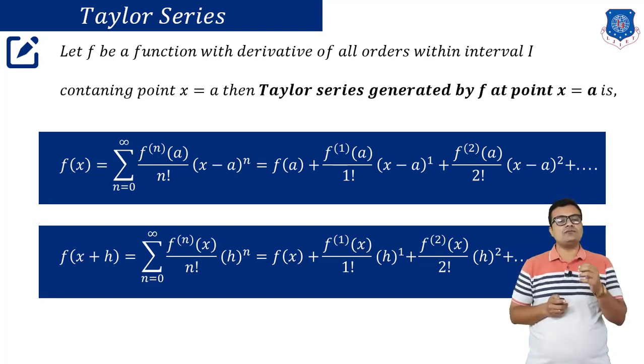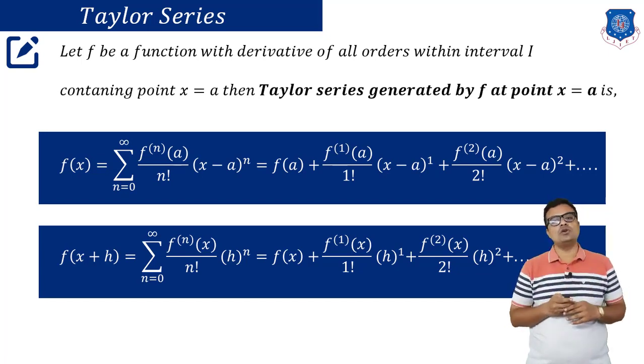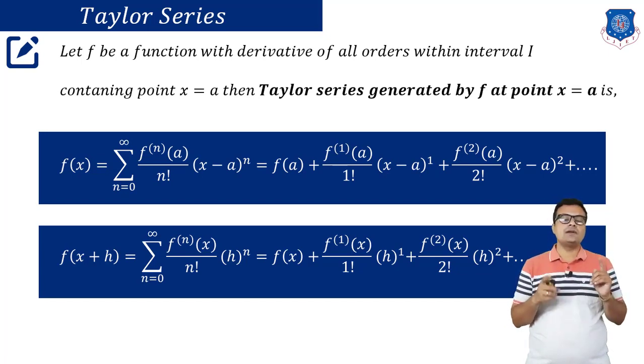So if you notice carefully here, I am replacing x minus a by h, so that means the difference is now the value h. It will make it comparatively more clear how you can replace this difference x minus a with h also.